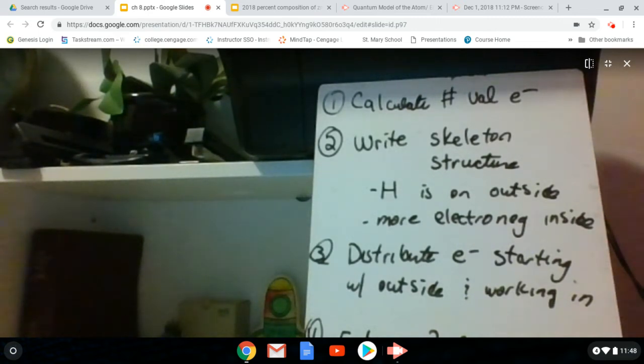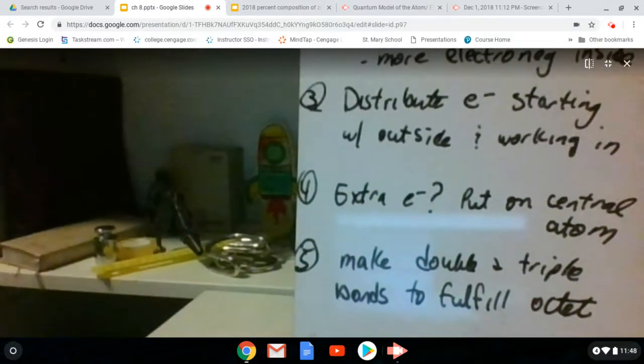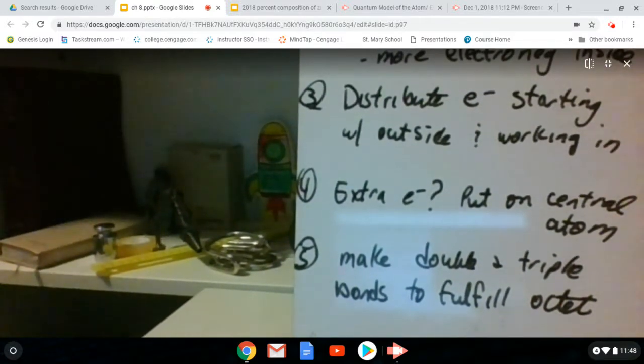Then you're going to write the skeleton structure where hydrogens are on the outside and the more electronegative elements are on the inside. You're going to distribute the electrons by starting with the outside and working in towards the central atom. If you end up with extra electrons, put them on the central atom. And don't underestimate being able to make double and triple bonds in order to fulfill the octet with the central atom.